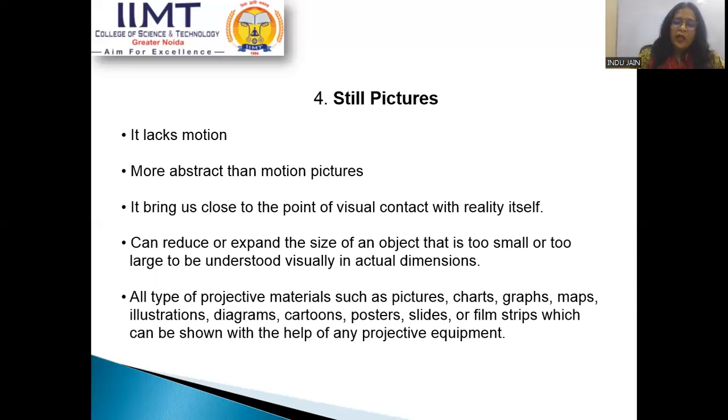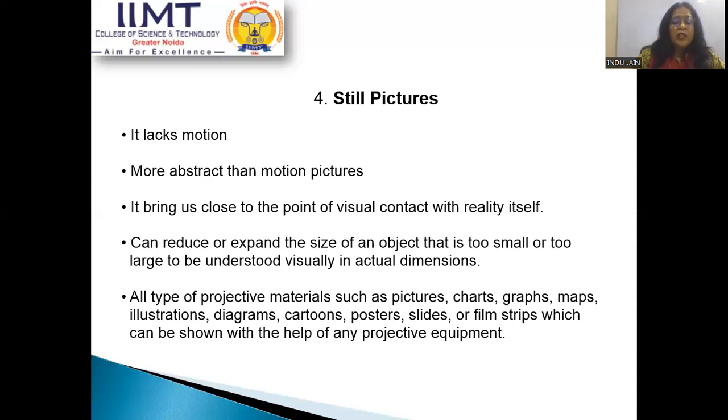However, although these still pictures do not contain motion, they bring us very close to the point of visual contact, or they are close to the reality. Still pictures can reduce or expand the size of an object that is too small or too large to be understood visually in actual dimension.